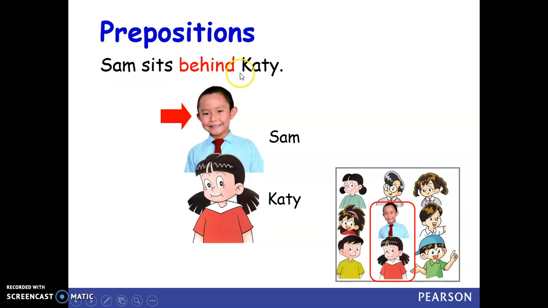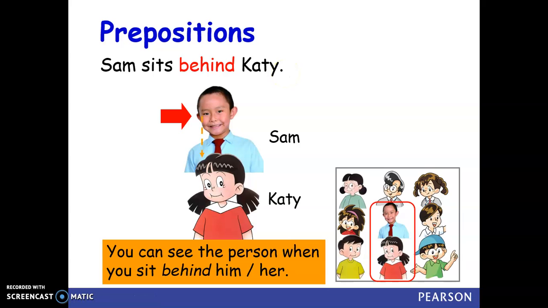Sam sits behind Katie. And here's a little hint about when we should use the preposition behind. When you sit behind someone, you can see the person. So Sam can see Katie because he is behind her.